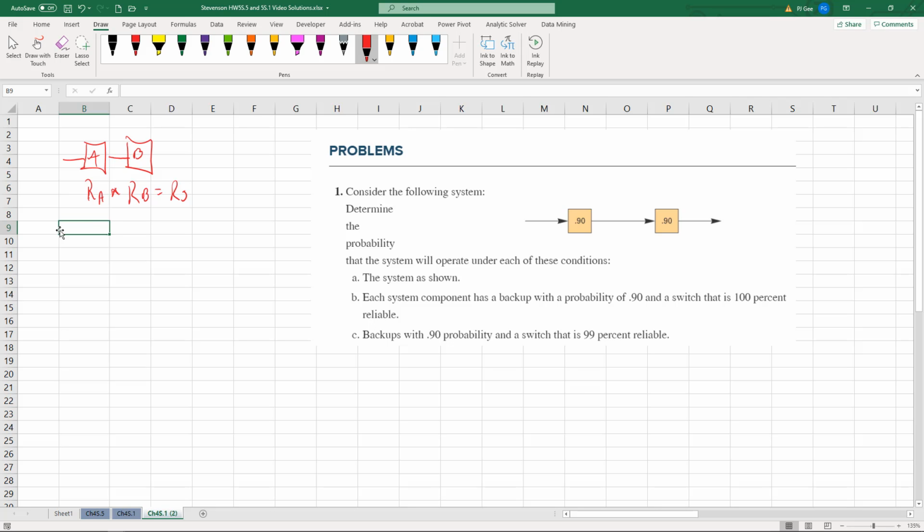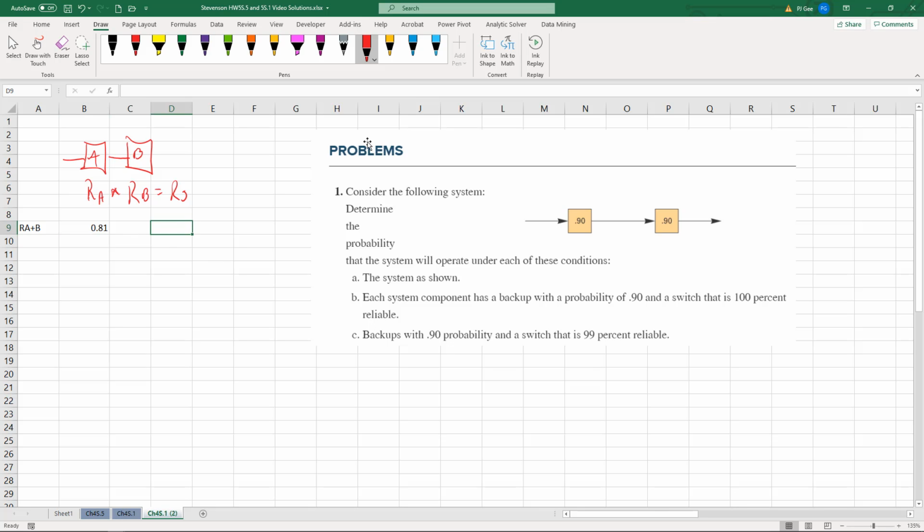So this is going to be the reliability of A and B equals 0.90 times 0.90. So the first answer would be 0.81.